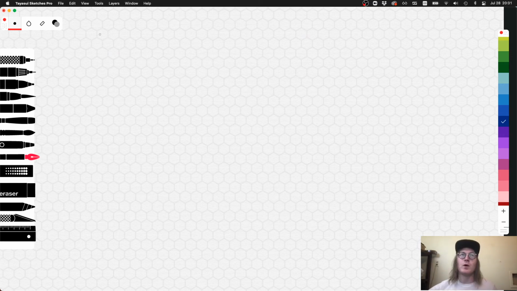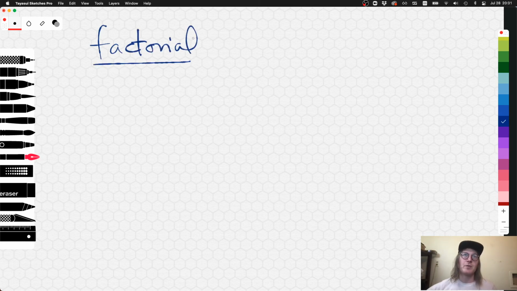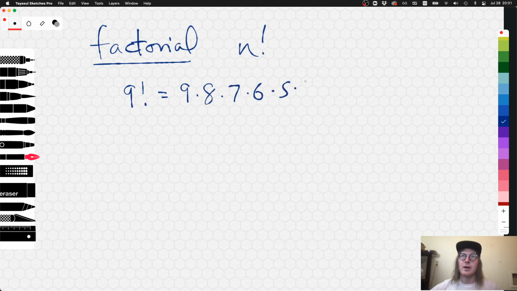The first thing that we're going to talk about, we're going to be a little bit roundabout with this. We're going to talk about factorial, okay? And this is just represented as some number factorial. Let's say we have 9 factorial. This is just 9 times 8 times 7 times 6 times 5 times 4 times 3 times 2 times 1.